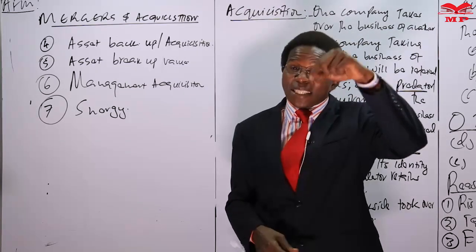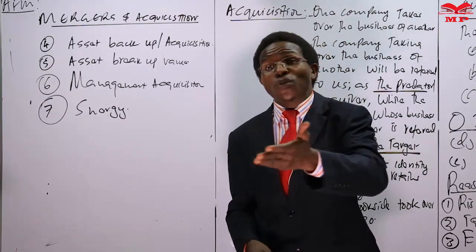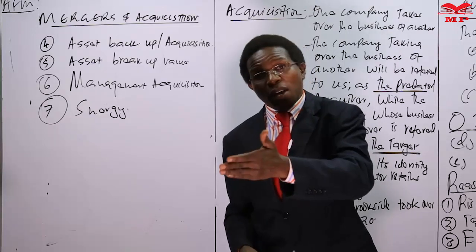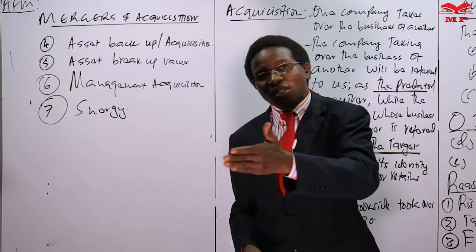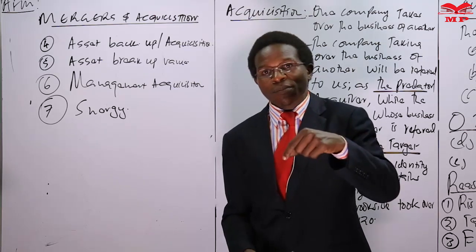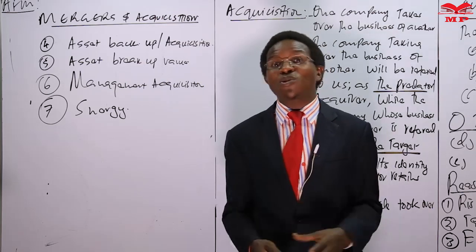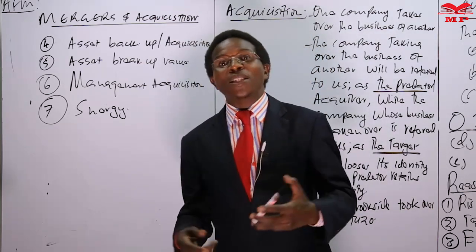So there is an additional advantage that will be seen, so that 2 plus 2 is not 4, 2 plus 2 is 5, 3 plus 3 is not 6, 3 plus 3 is 7. There is an additional advantage. That's according to synergy. Now, that is a computation that we cannot say to a class 1 kid.